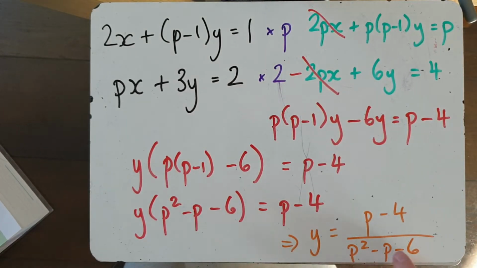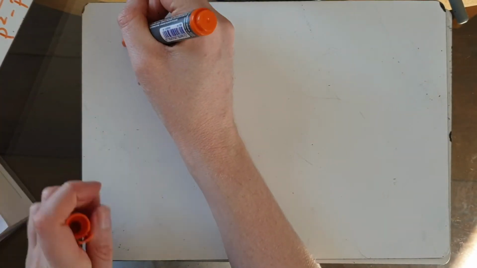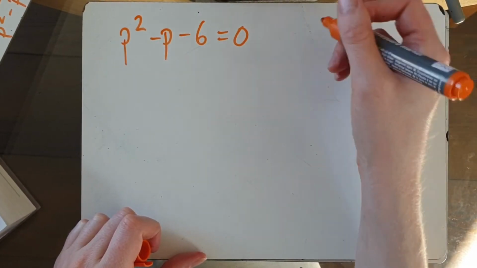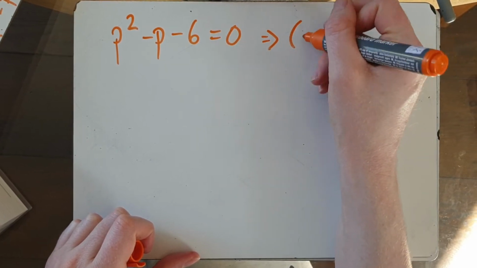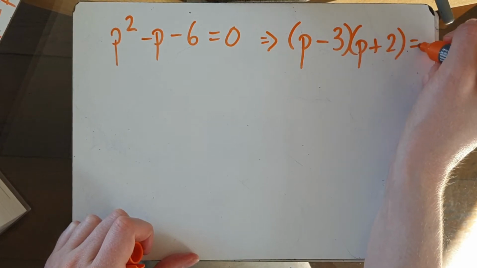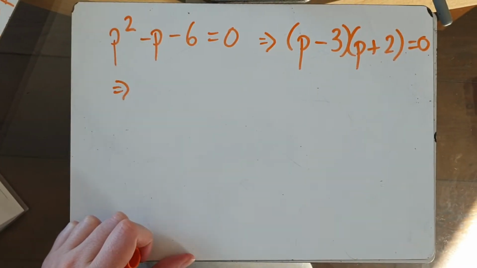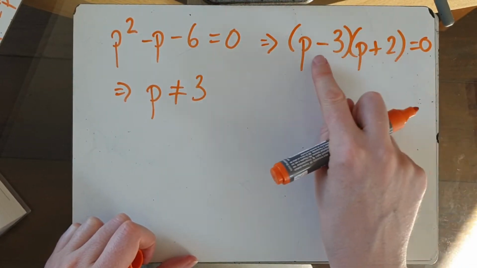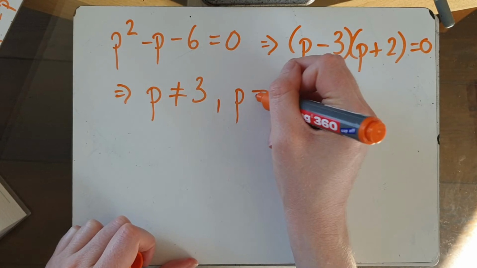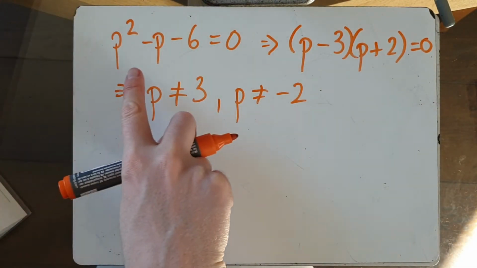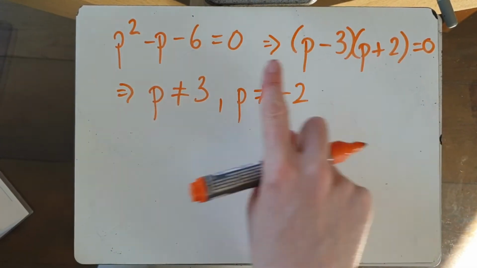So we're going to solve this being equal to 0. So p squared minus p minus 6 equal to 0 is going to be (p minus 3)(p plus 2). So for this system of equations, p cannot equal 3 because that would make this 0, and p cannot equal negative 2 because that would make this 0.